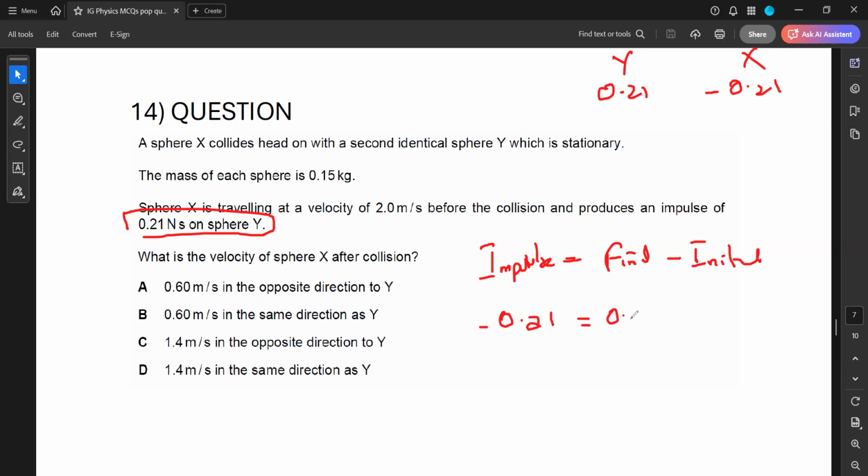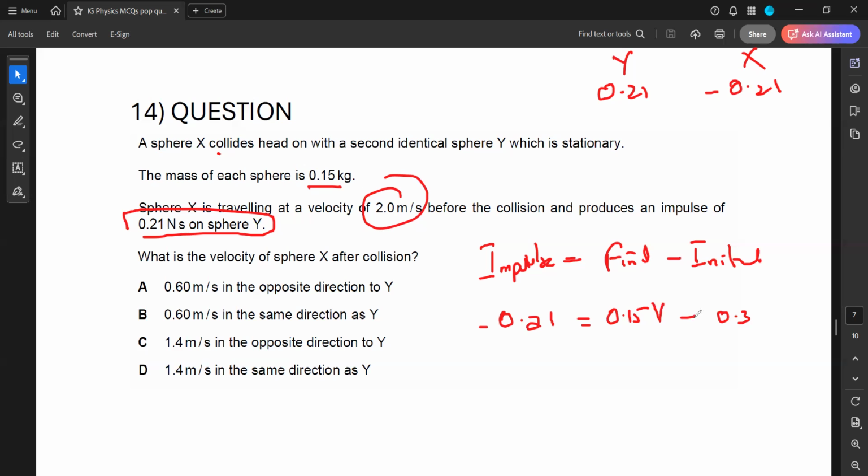Its mass is 0.15, and the velocity we don't know. Then what about the initial momentum of X? How can we work it out? X was moving at a speed of 2 meters per second and the mass is 0.15. So the initial momentum is 2 times 0.15, which equals 0.3.